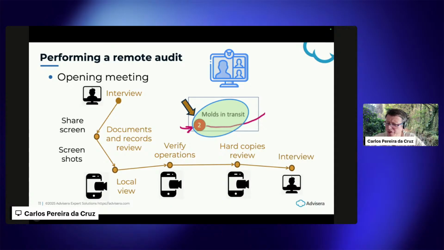So in this situation, the risk is higher, so perhaps the sample may need to be bigger. Now, another question is from Carlos. Carlos asked, should we always have a formal opening and closing meeting, or can we have it informally, such as sending an email of what the internal audit is about? Now, according to ISO 19011, opening and closing meetings are good practices, so they are not mandatory.